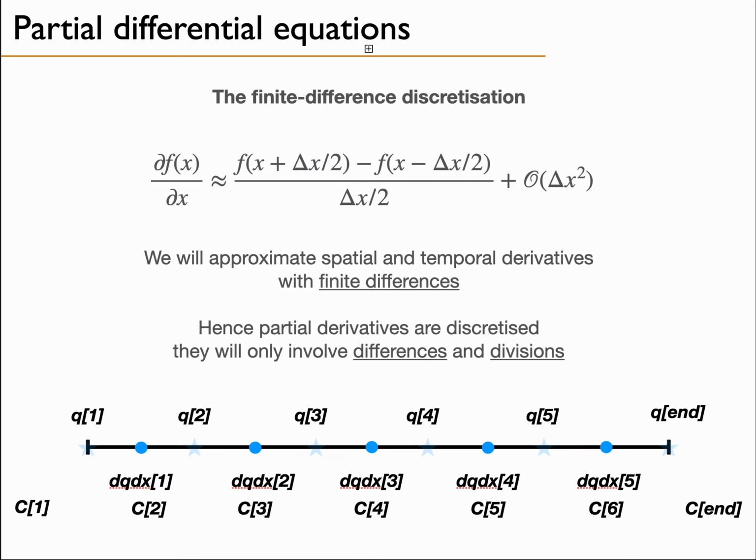So how to deal with all these partial differential operators? What we do in this lecture, we use a central finite difference approximation for spatial derivatives such as df dx here. So df dx will be approximated by the difference between f evaluated half a delta x away to the right minus f evaluated at x minus half a delta x away to the left.